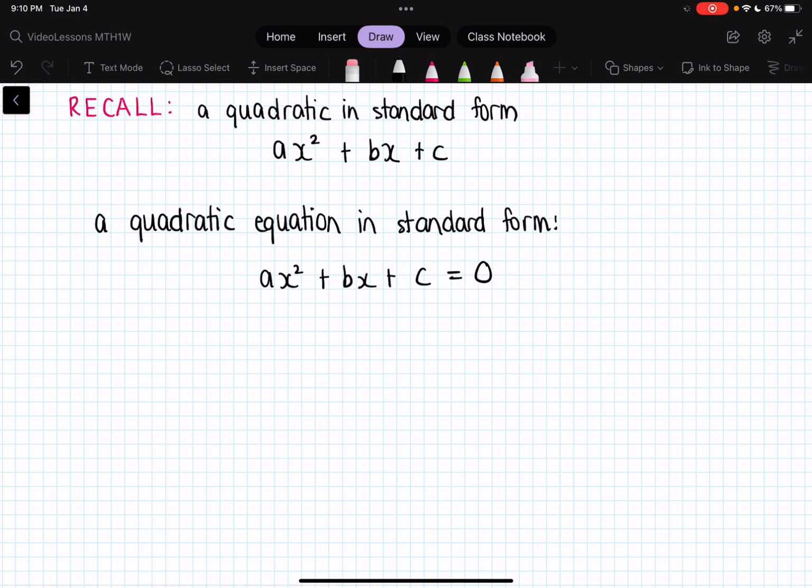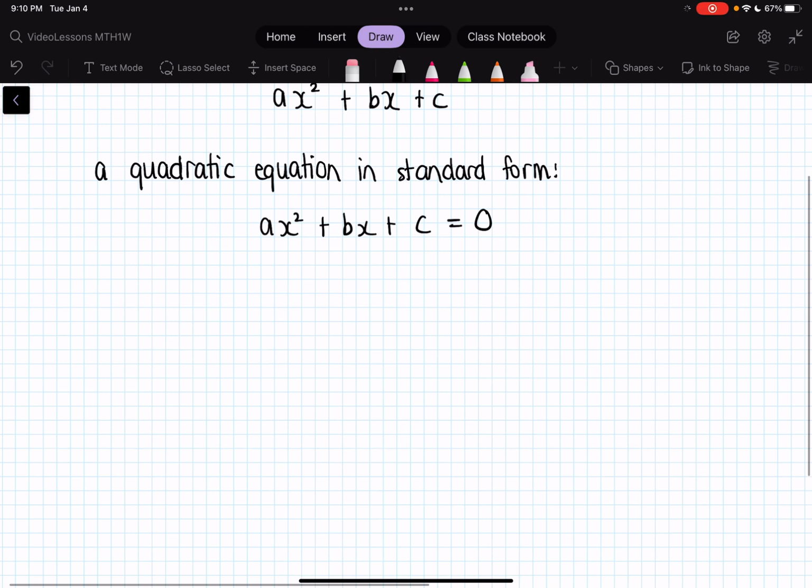That is a quadratic equation in standard form. So we are going to look at how we go about solving quadratic equations.